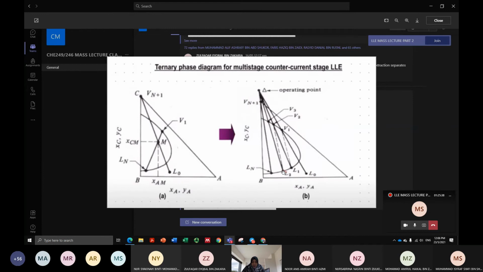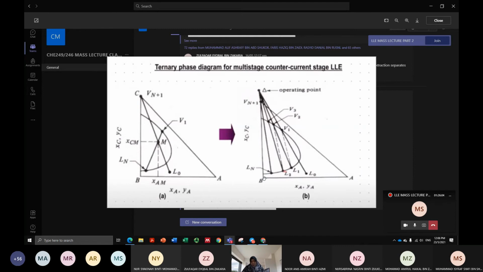That from L2 to L3, the length is equivalent to 1 stage. But yours is not equal to 1, less than 1. So you just divide the length of L2 to Ln by the length of L2 to L3. So you get the decimal number.